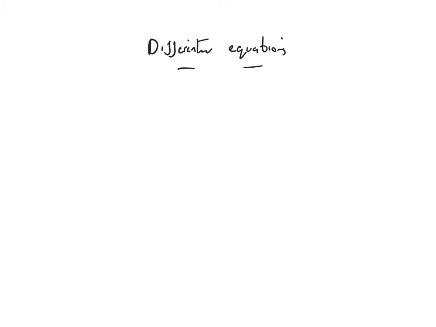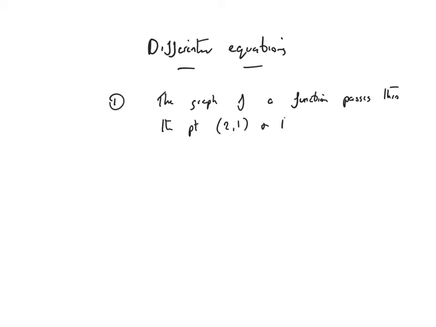So for example, let's say that we had a question like this: the graph of a function passes through the point (2, 1), and the gradients of the tangents to the graph are given by dy by dx equals 2 minus 5x.